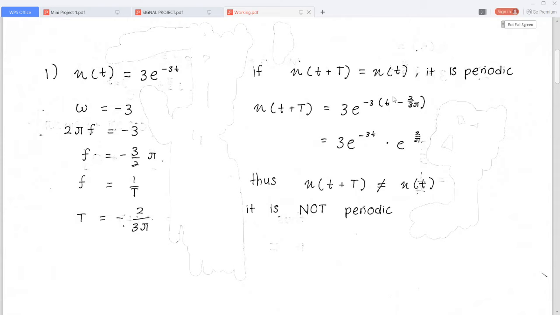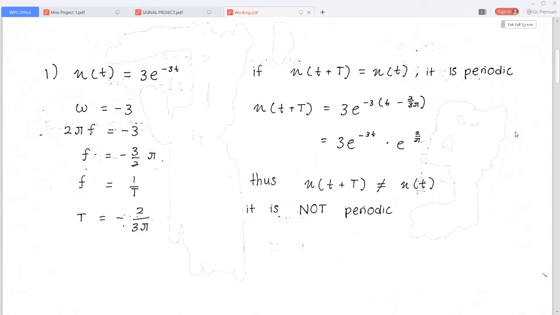x(t) has to be equal to x(t plus the period). We take x(t) equal to 3 exponential power of negative 3t, and we find the period, and then we equate it to see if it's true that x(t plus period) equals x(t).